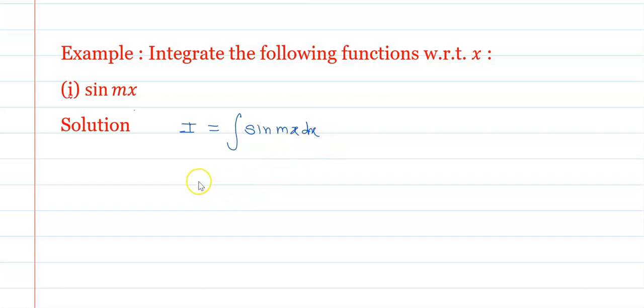Therefore, I will write here, put mx = t. Now differentiate on both sides. m is a constant, and therefore you will get m dx = dt. Always we find out the value of dx in each integral.